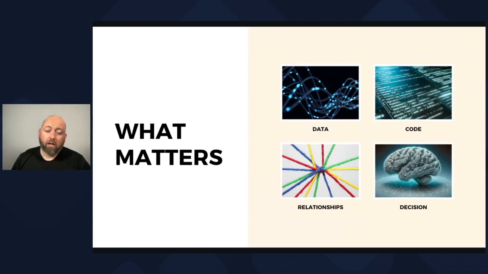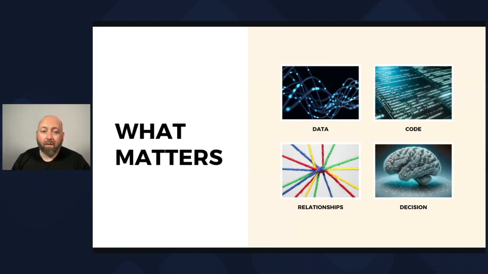So any AI model needs data. It needs something to base its assumptions on. Once it has that data, it has some code, and that code interrogates the data and finds relationships, patterns between, say, numbers or between words. And then off the back of that, it makes a decision.